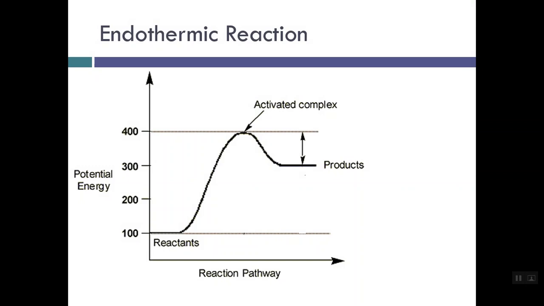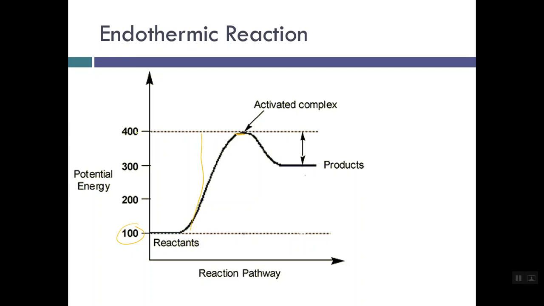Endothermic: exo means going out into the system. Endo means it's coming in. All right, you're taking in the heat. So it's going to feel cool, your test tube is. So we start out with our reactants down here at 100 joules. All right, we add a lot. We add 300 joules of energy.